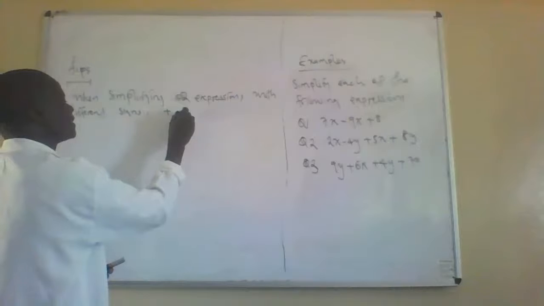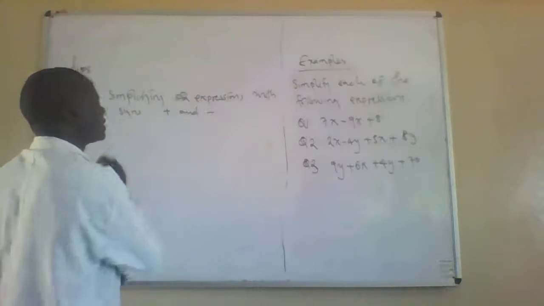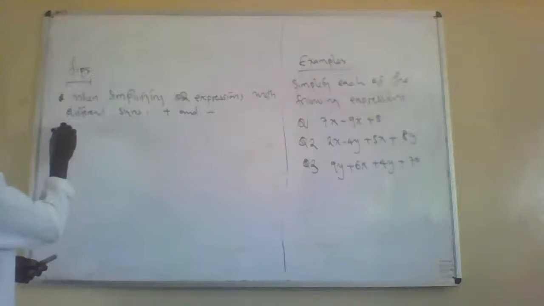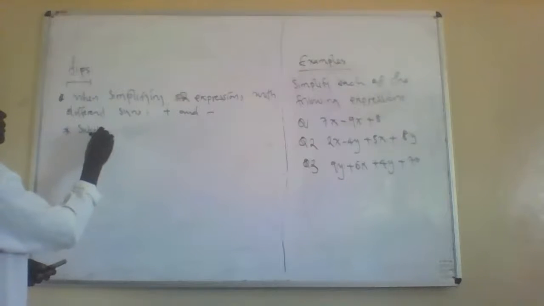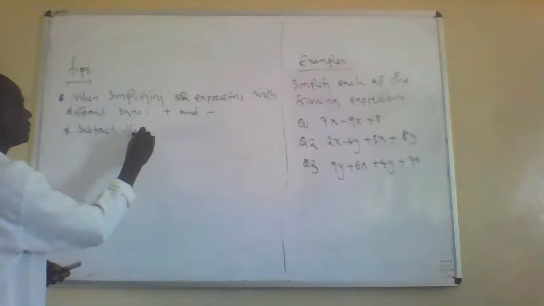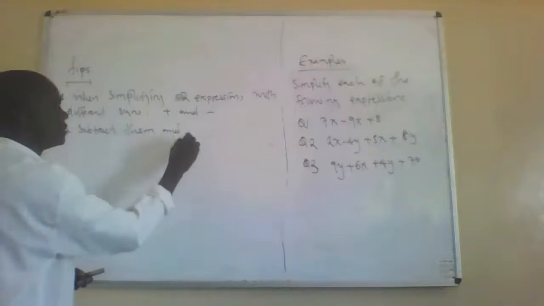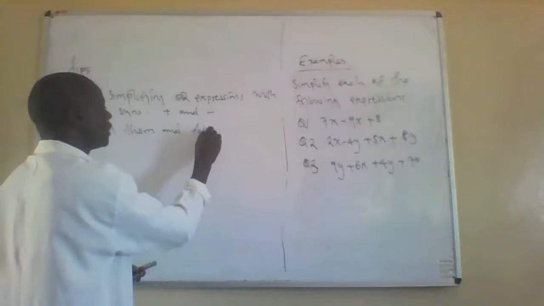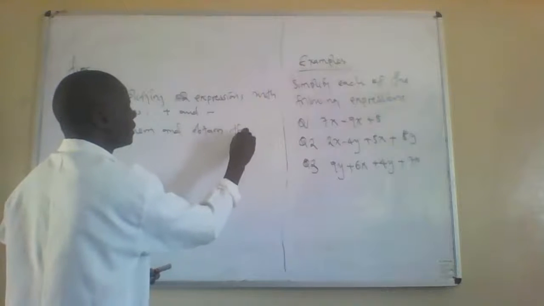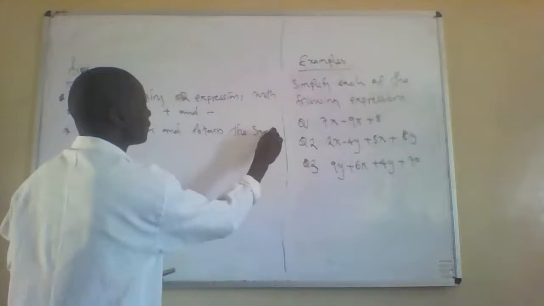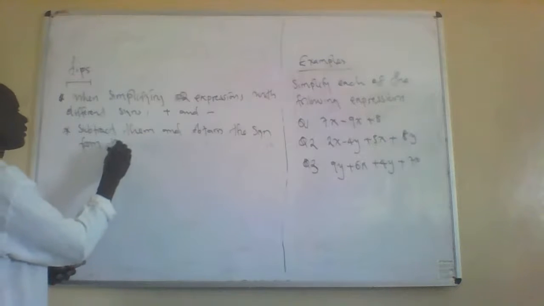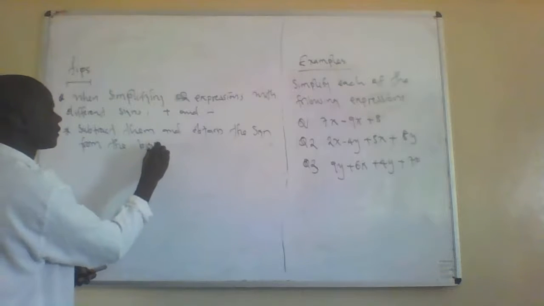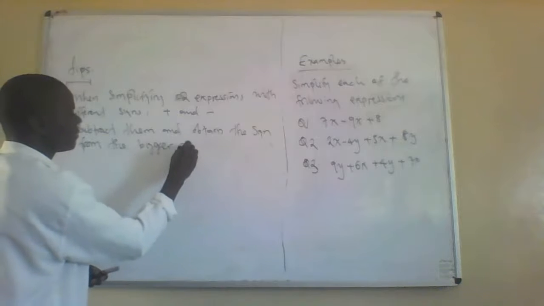You're going to have a plus and a minus. What are you supposed to do? All you have to do is subtract them and obtain the overall sign from the bigger number, from the bigger number.